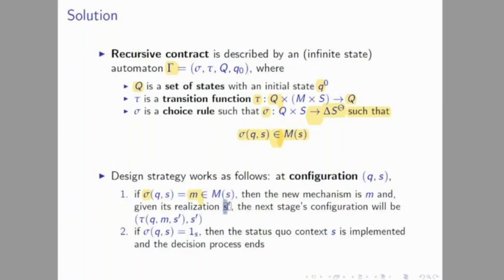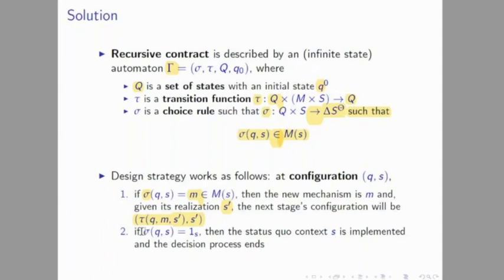And if its realized output message is S prime, then the next stage configuration comes from the transition function given the original state Q, the mechanism M that we used, and the output message S prime. That S prime, the output message, is also the context, and forms a new configuration.